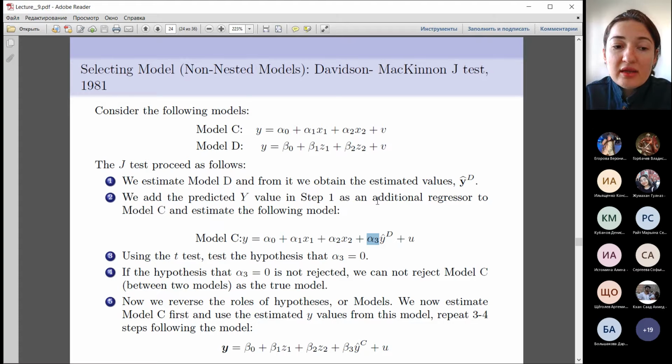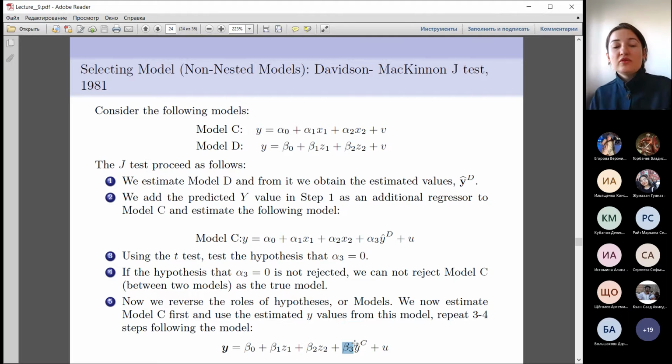And also, after this, you can reverse the roles of the hypotheses. Now you do the same steps, but first you estimate model C, obtain the estimated values of the same dependent variable, yeah, and include these fitted values in model D. So the same steps, and again you can use a test statistic, and now you check the hypothesis that beta 3 equals 0.